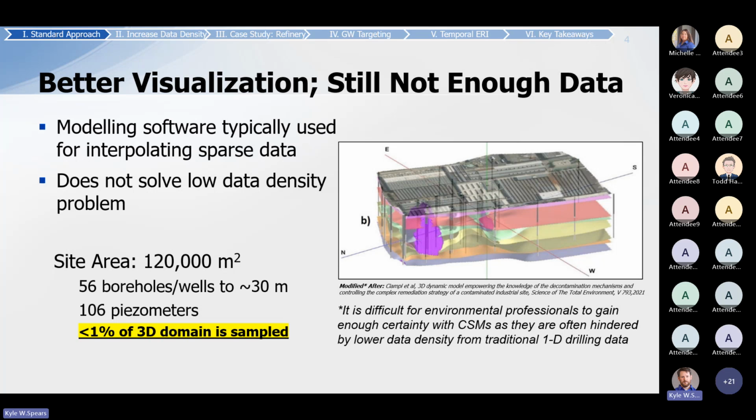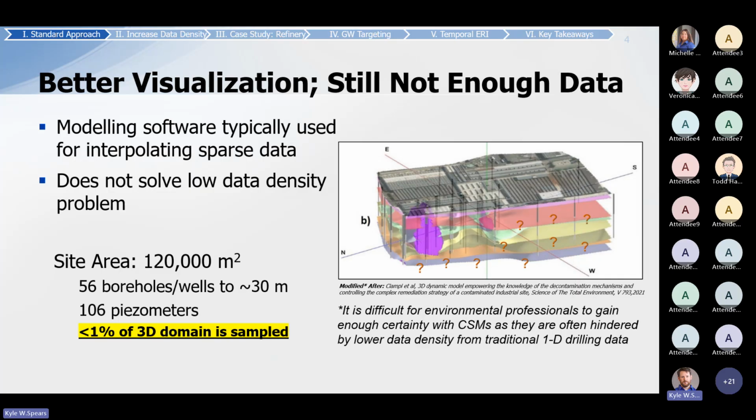So that leaves 99 plus percent of the 3D domain as interpolation. It can be a helpful guide, but it lacks the data density to really give you good certainty in your subsurface models. So that's what ACES's goal is: to try to fill in these question marks.